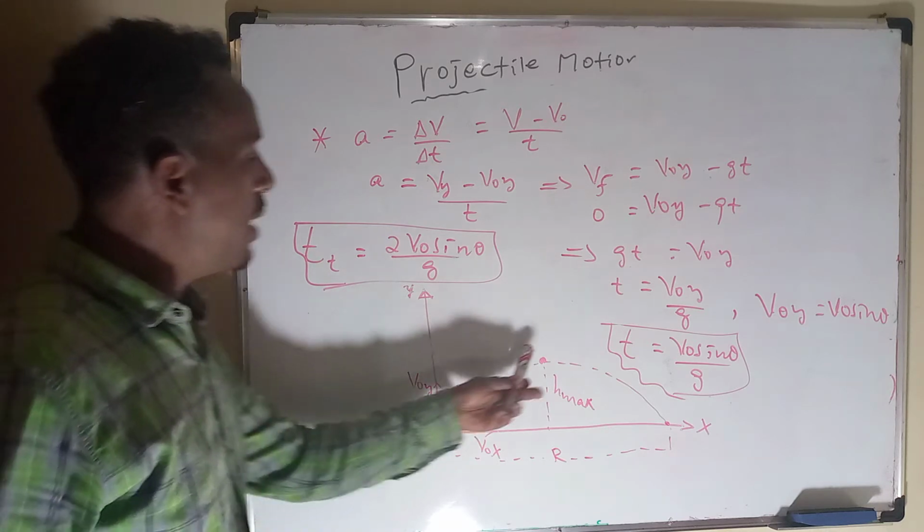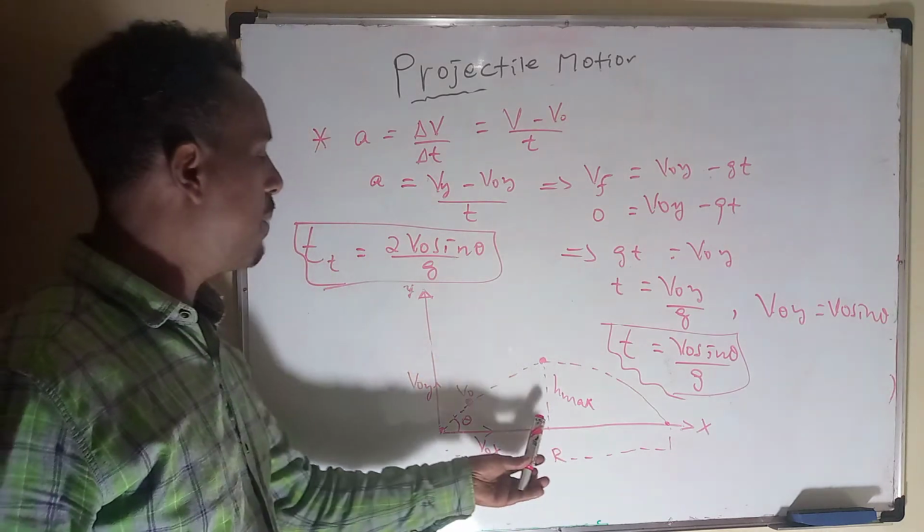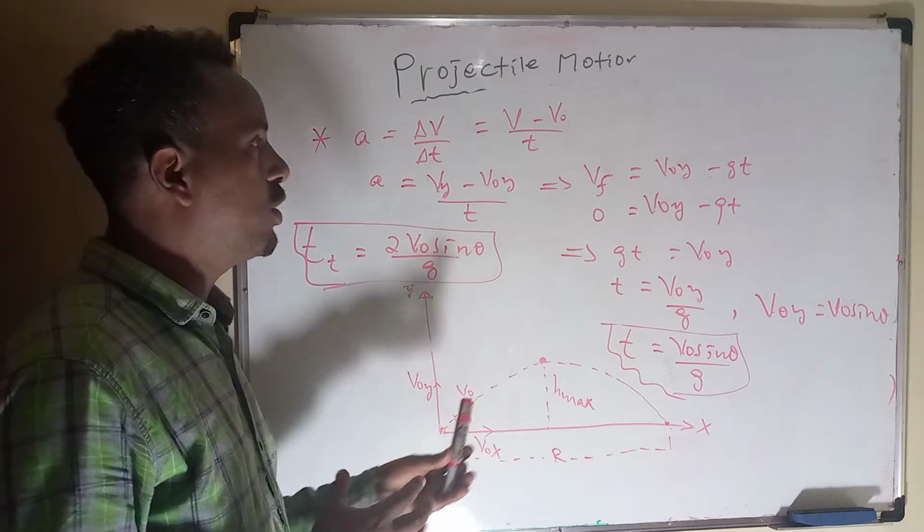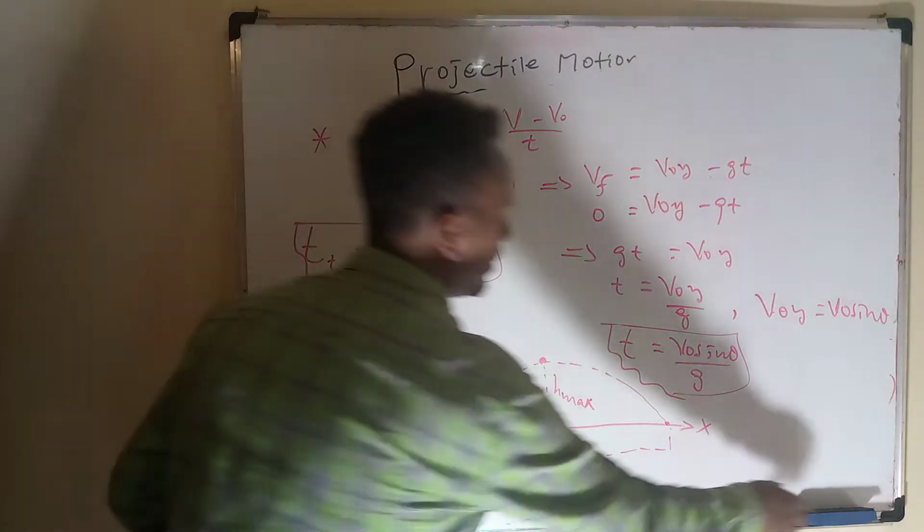ሁለተኛው maximum height መፈለግ ነው። Maximum height, mathematical expression for the maximum height.